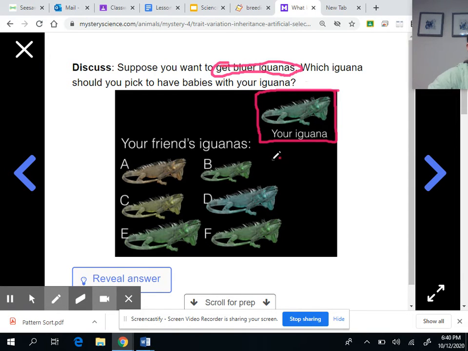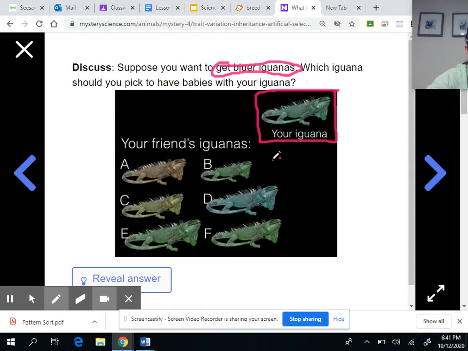So being blue is the trait that we want. So when we breed animals, that's picking two animals that you think, when they have babies, will get the trait that I want. So we want bluer iguanas, even bluer.